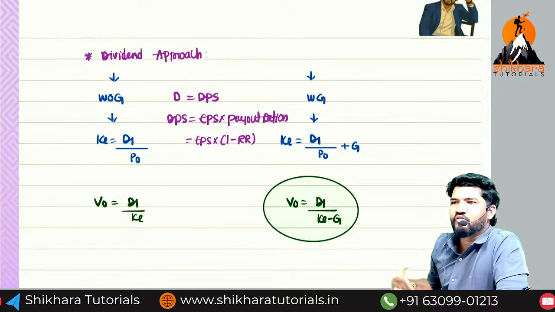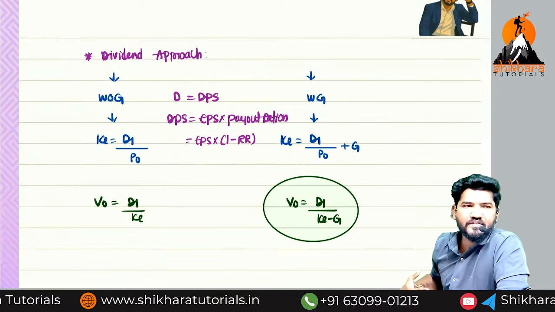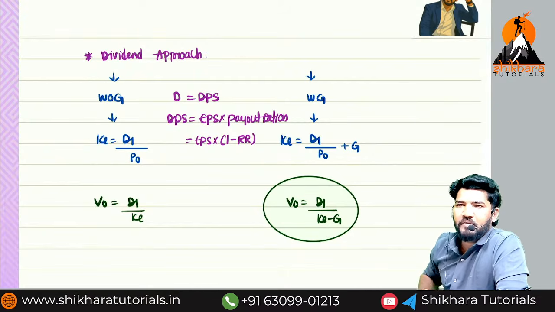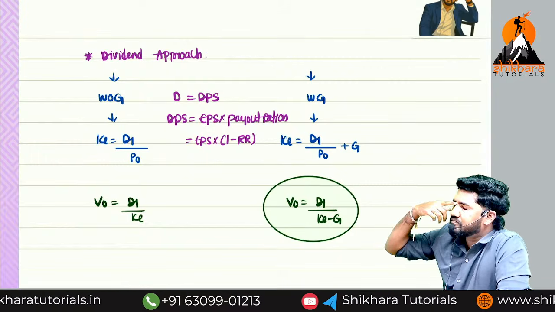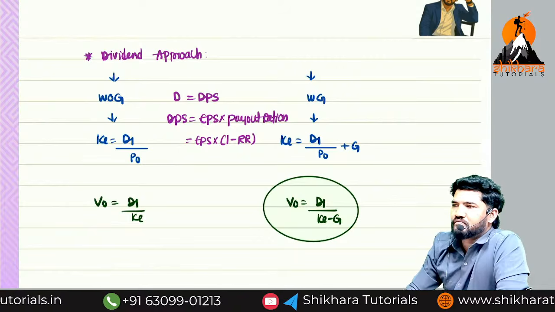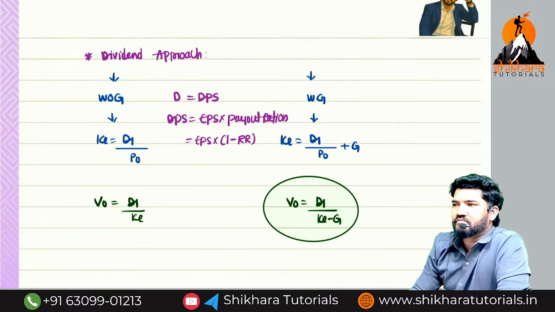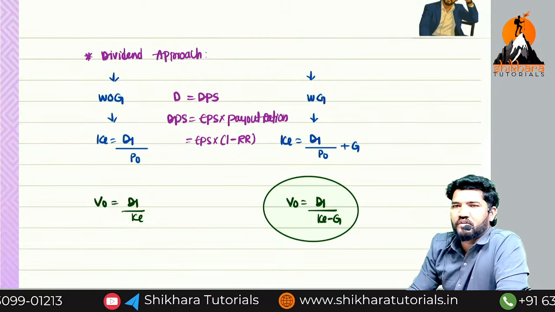But you know basic CAPM: RF plus beta into RM minus RF. In addition to that, there are 2 topics, expanded CAPM and build up CAPM. One problem also they provided in our workbook. I think the topics are there in your SFM. You will get more clarity in SFM also. Clear? Okay, then fine.